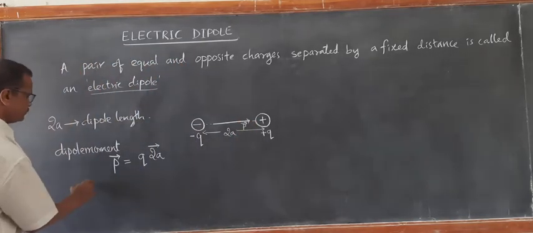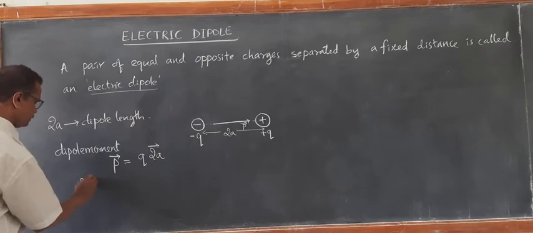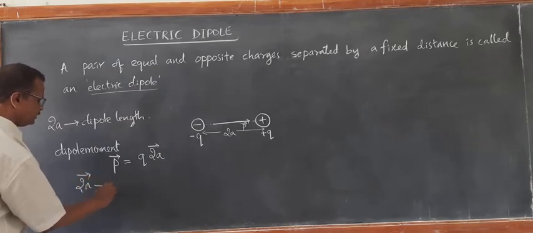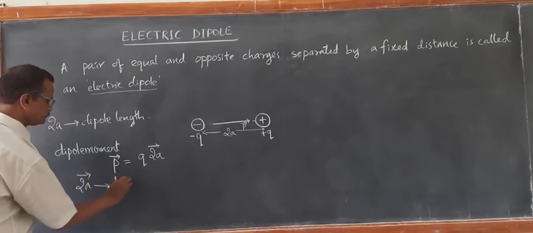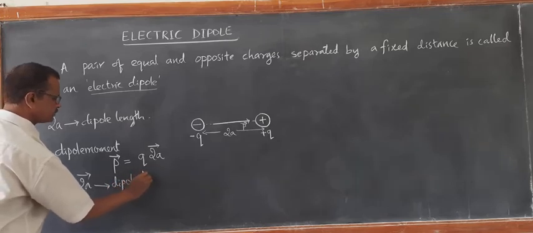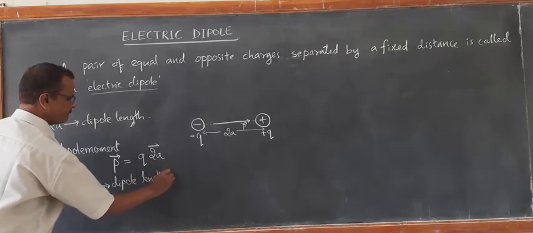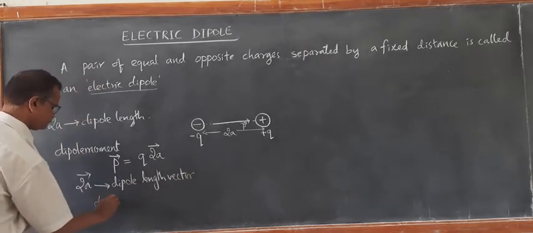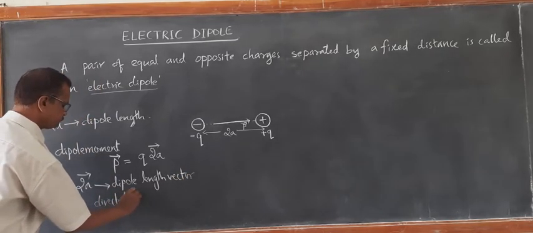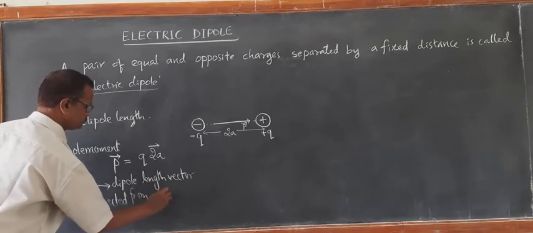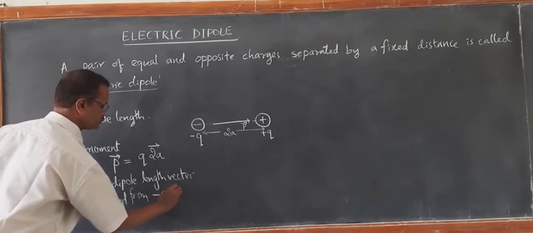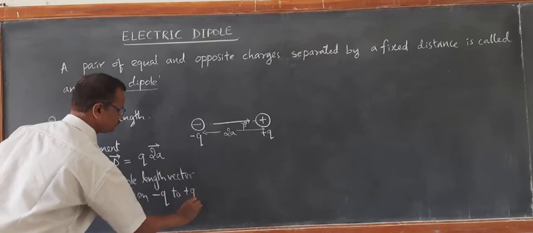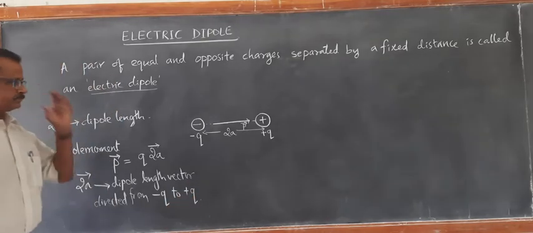And I will write here what the dipole length vector is. 2a is the dipole length vector, directed from negative charge minus Q to positive charge plus Q.